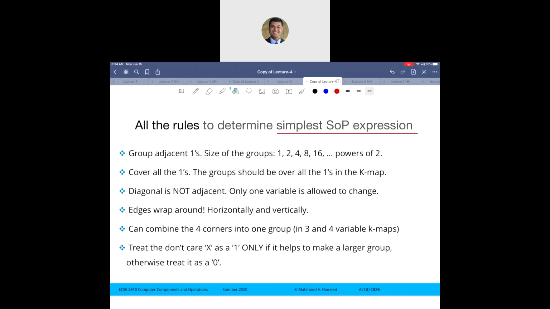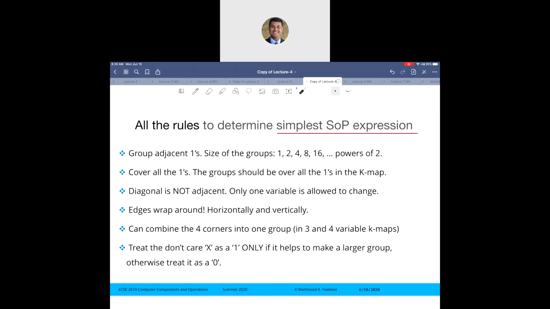So inside those cells in a grid view, you will be focusing on the ones. You will be trying to combine the ones in the K-map to get the simplest SOP expression. So I'm going to just run through the list here, say it one time, but you are going to see this being used and applied to all the examples. But I feel like if I lay out all the rules at the beginning, it's a little bit better as opposed to doing the examples first and then laying out the rules.